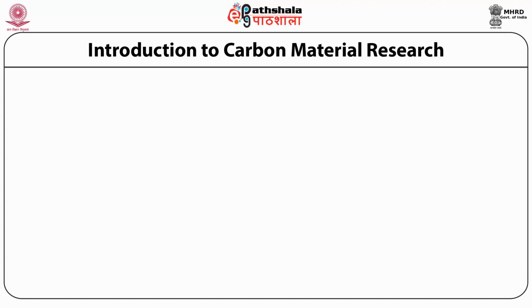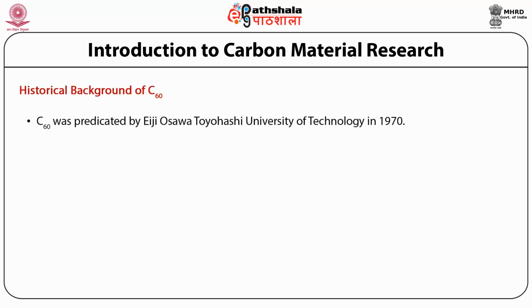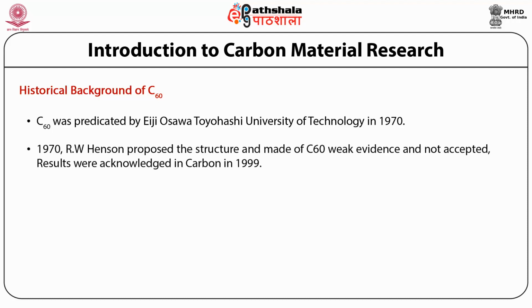Carbon nanomaterials got attention by the discovery of C60. C60 is known as fullerene. This fullerene was predicted by E. Osawa of Toyohashi University of Technology in 1970. However, the structure of C60 was also proposed by R.W. Henson, but it was not accepted, and the result was acknowledged in the journal Carbon in 1999.